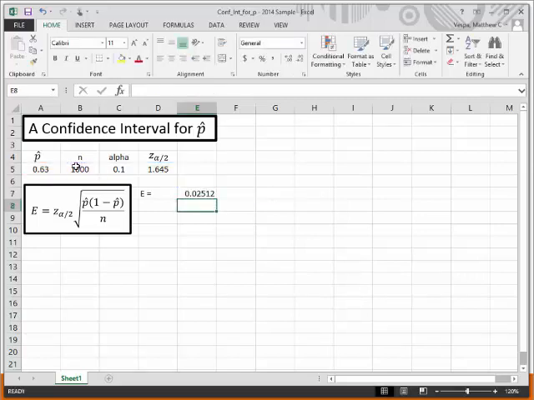There you go. There's my margin of error. It's that simple.